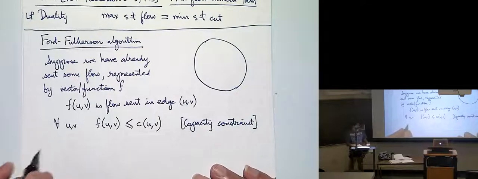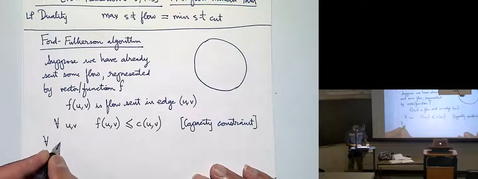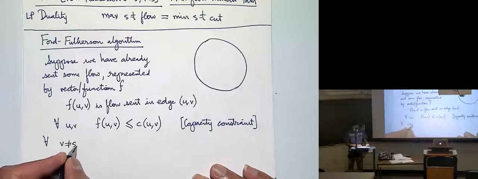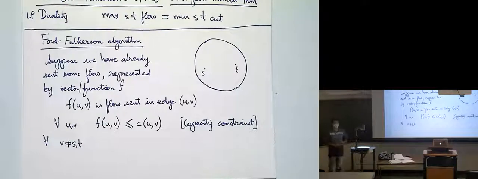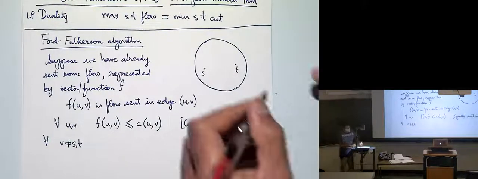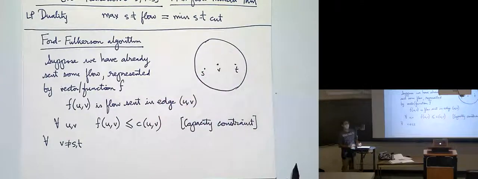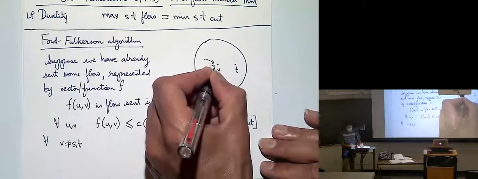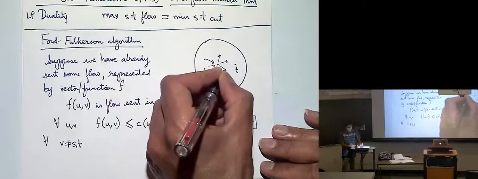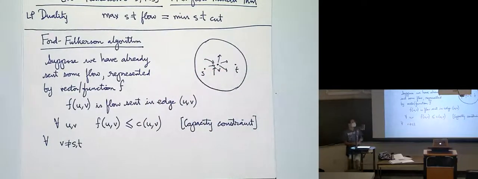What we also have is for all v not equal to s or t. Now I'm going a little bit into what it actually means to have a flow. If you look at any intermediate vertex v, the amount of flow that goes in has to come out, because the trucks can only start at s and stop at t, but at any intermediate vertex, they have to go through.